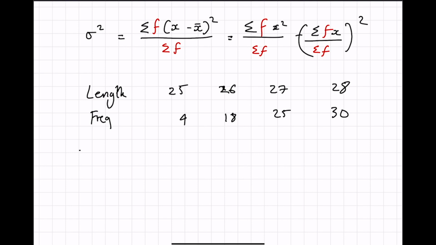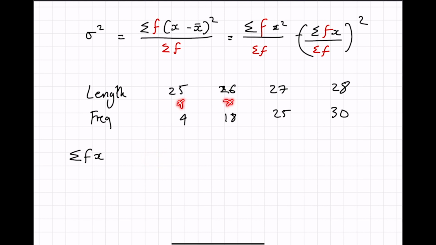So you start off by finding the sum of fx. Before, we found the sum of x; now we'll find the sum of fx because it's a frequency table. You can also do it in the other order, but let's stick to what we did before. That's quite simple.